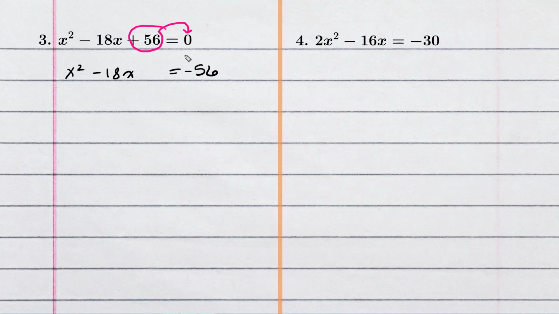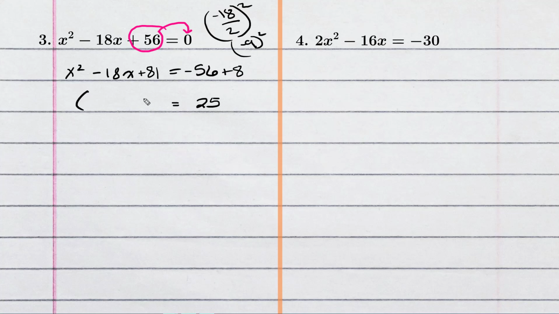So when I do this, I take negative 18 divided by 2 and I square it. So negative 9 squared is 81. So I add 81 to both sides. So when I add 81 to both sides, I end up with 25 on the right-hand side.